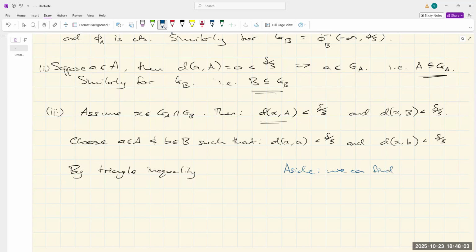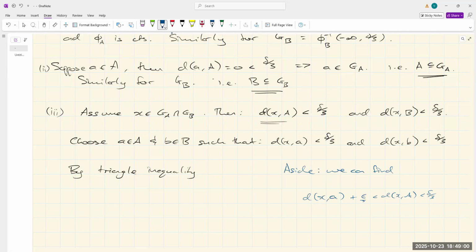If it is a bit difficult to understand, you could just use the characterization of infimum, and you could get an element in the set A such that the distance between X and A plus some small number epsilon is less than the infimum of this, which is the distance between X and big A. And this guy I'm saying was less than delta over 3, but this works for any epsilon.